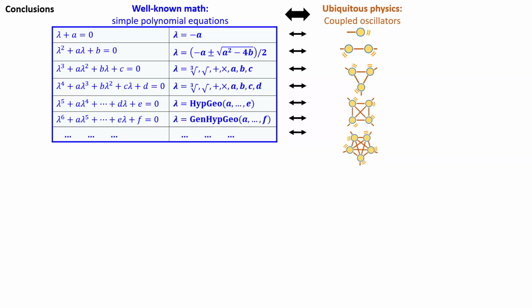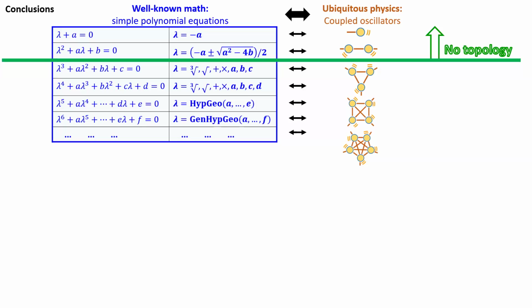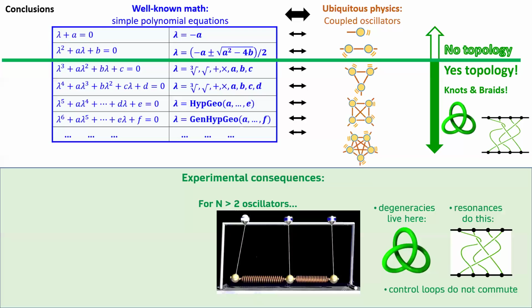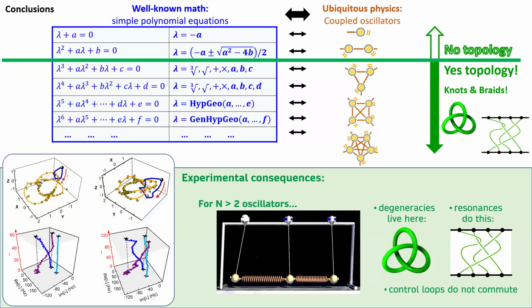And in particular, we already knew about this correspondence, but the unusual thing is that there is this dramatic transition between 2nd order and 3rd order, where on the other side of this, there's this interesting topological structure of degeneracies that form knotted surfaces and eigenvalues that trace out non-commuting braids. And this has real experimental consequences that you can measure. As long as you have more than 3 modes, you will see structures like this. And that's what we actually did in the experiment.